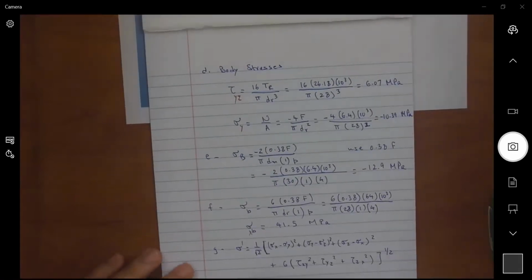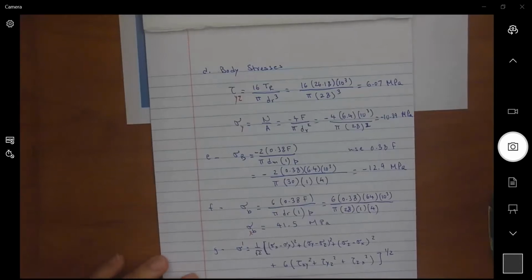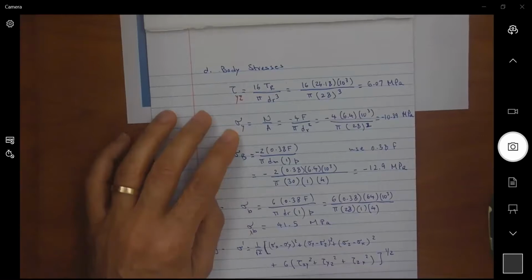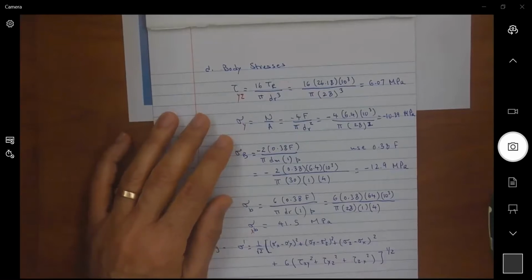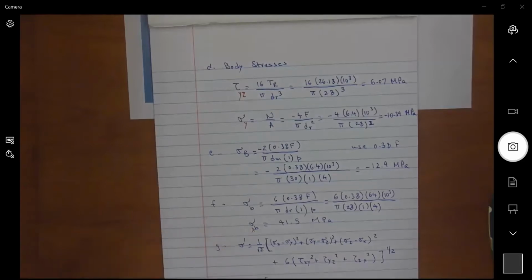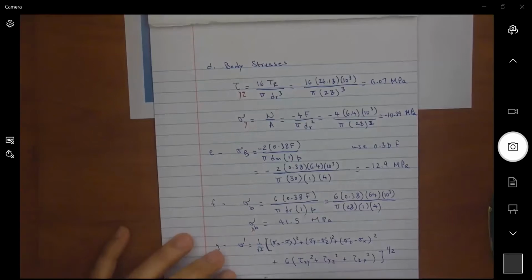This is equal to 1 over the square root of 2, and I have here for sigma x 41.5 minus sigma y, which is 10.39.